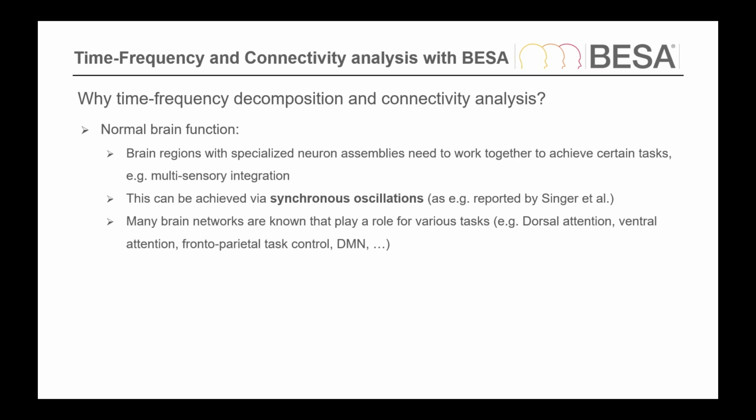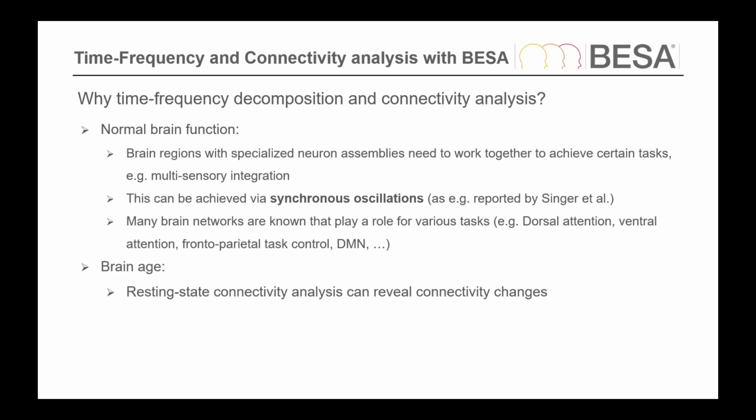This can be achieved via synchronous oscillations, as, for example, reported by Singer and others, and many others confirmed these findings. Also, we have many brain networks now known that play a role for various tasks. We have the dorsal attention network, ventral attention network, frontal-parietal task control network, default mode network, and others.